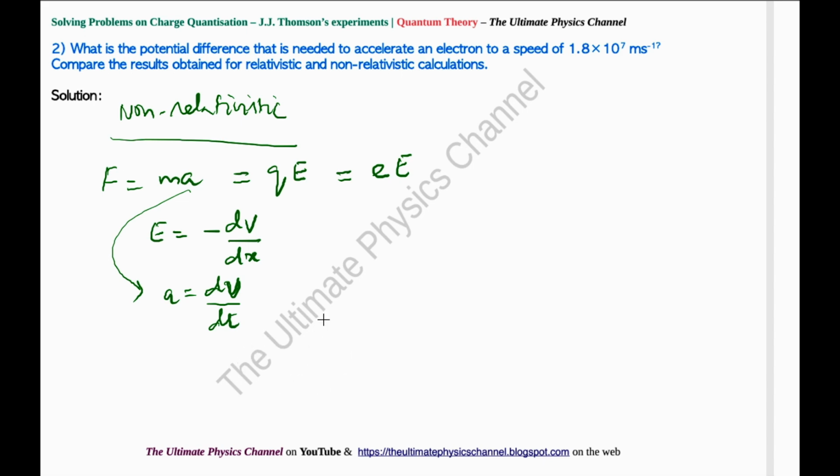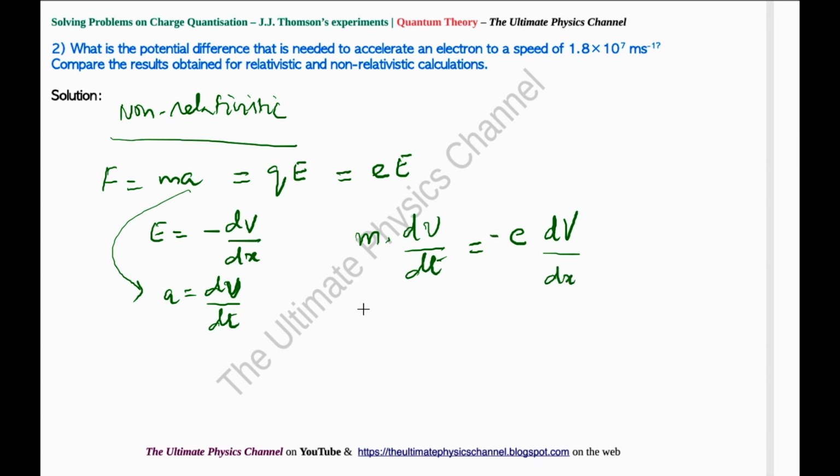So using these two ideas, of course, if we simplify this, m dv over dt is equal to e dV. Here this is small v for the velocity, here this is capital V for the potential, which is of course negative gradient, so we have a negative sign here.